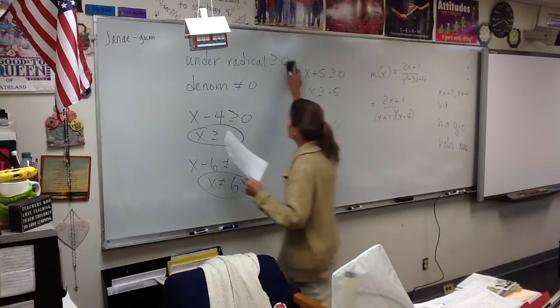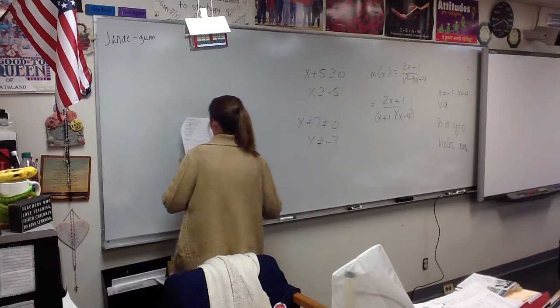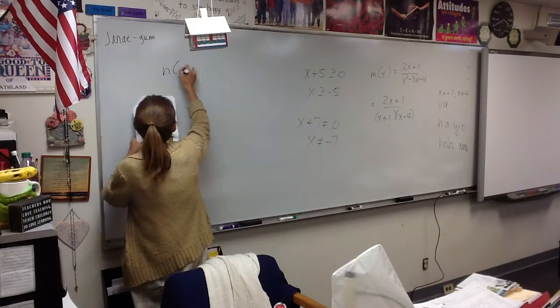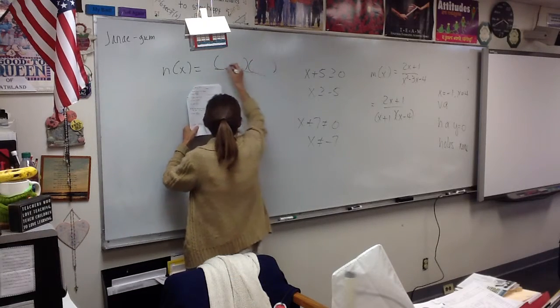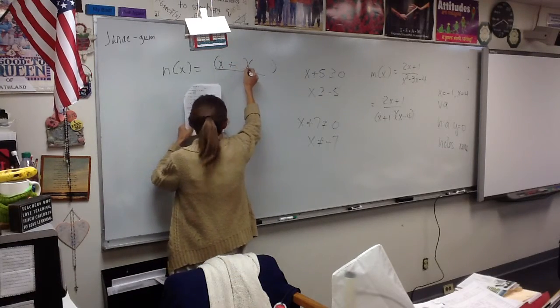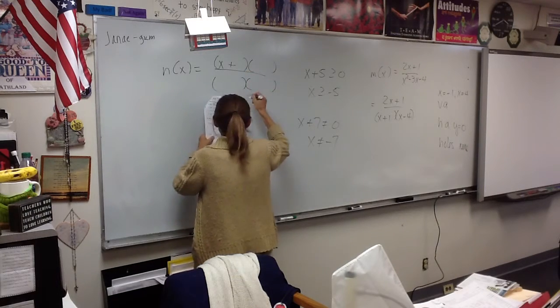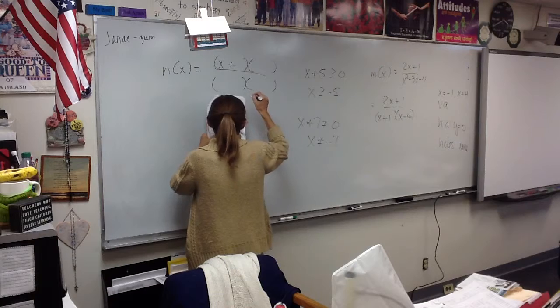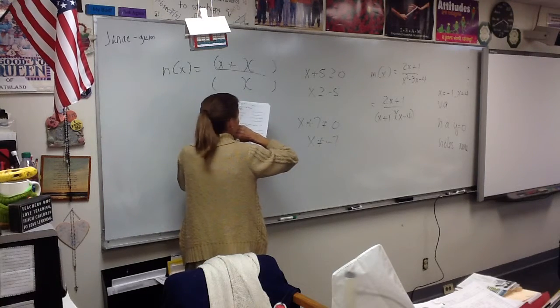The next one? How are you going to start this? John Brokaw. Factor. Yeah, I think you're right. Do you know how to factor that, John? Watch those signs. You're the numerator, right?